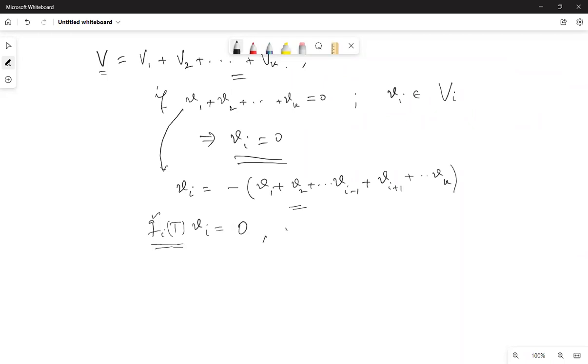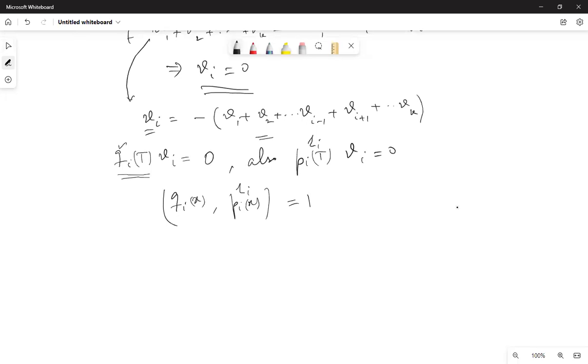Also, we have Pi T raised to ri. When I apply this on this side, this is 0. But since Qi(x) and Pi(x) raised to the power ri, the GCD of these is 1, then what happens?